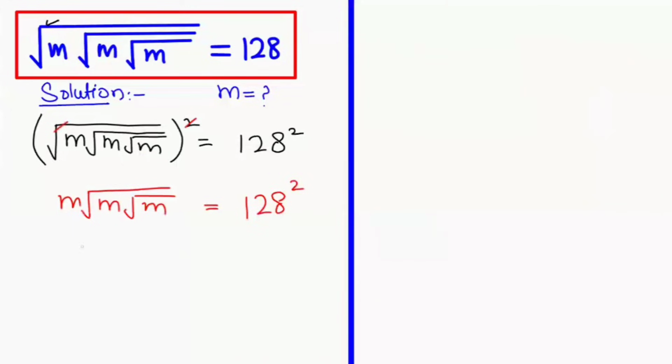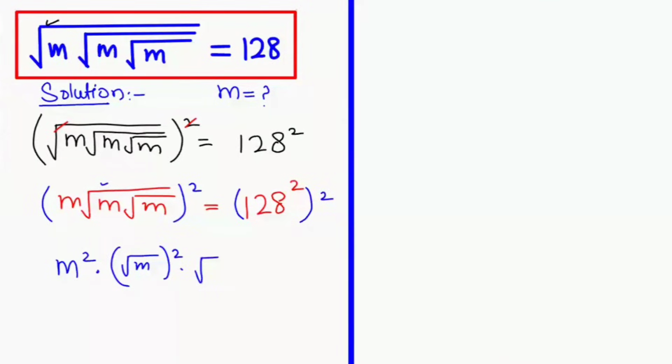Next, again I want to remove this radical, so I am going to square both sides again. Now this square is multiplying with this m, so we write m squared times root m whole to the power of 2 times root m is equal to, using the exponential rule that a to the power of m, whole to the power of n, can be written as a to the power of m times n.